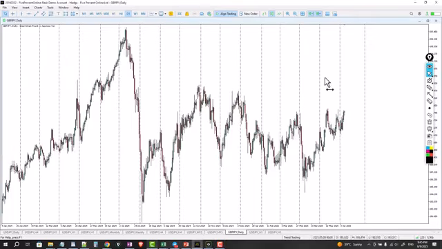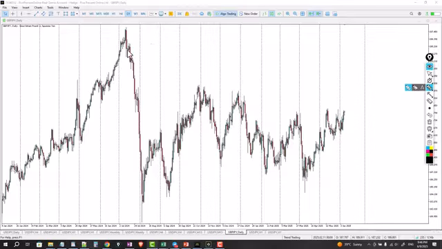So first things first. In the Forex markets, price can basically do one of three things. The first one is that price is moving in a trend. And when it's moving in a trend, we've done a lot of classes about market structure.